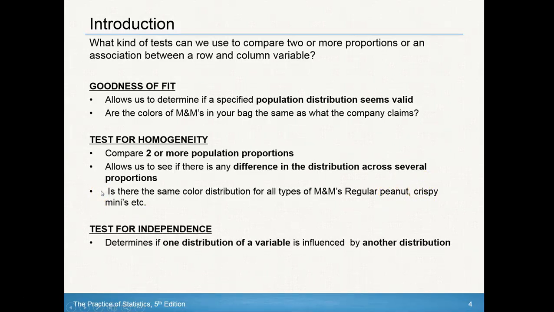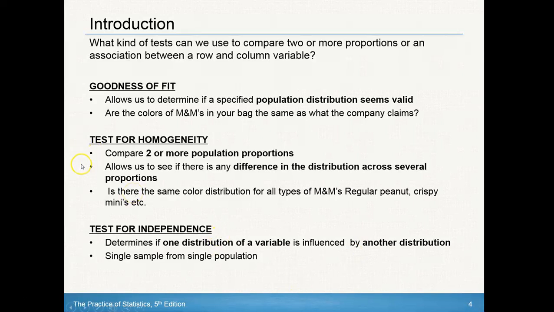Now, a test for independence will determine if one distribution of a variable is influenced by another distribution. This is going to be a single sample, and basically we will take that single sample and see if two variables within that single sample influence each other.